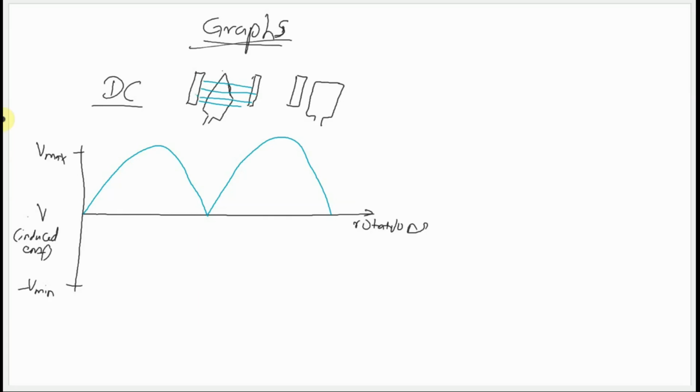This magnet is too thick. Okay, so it's going to be like this. So then you have the magnetic field through here.